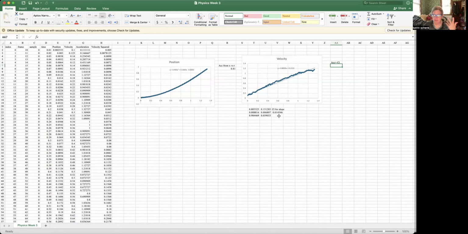I'll say it's 0.02. Now, because it's got 2 decimal places, I round my slope to 2 decimal places as well. So I'm just going to write it in. It's 0.80, right? Plus or minus 0.02. Okay, there we go.